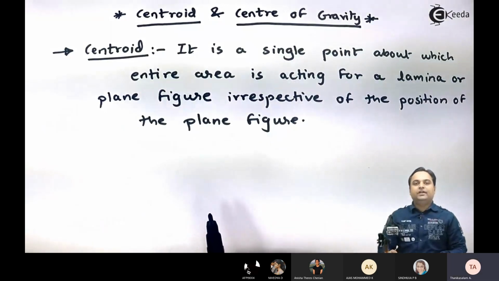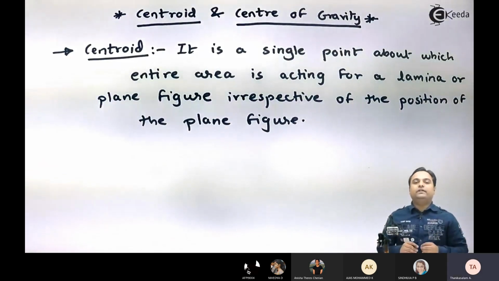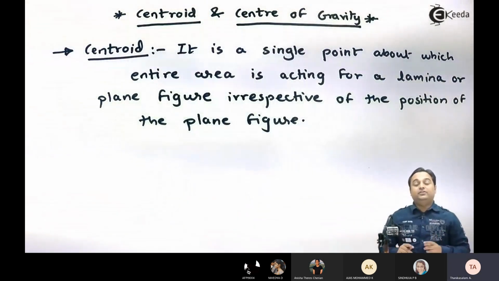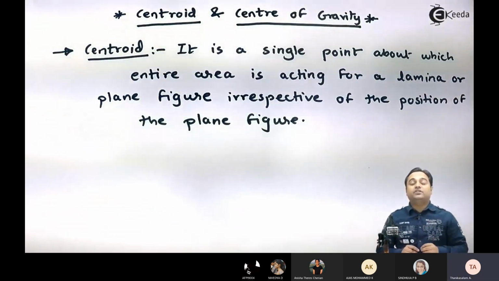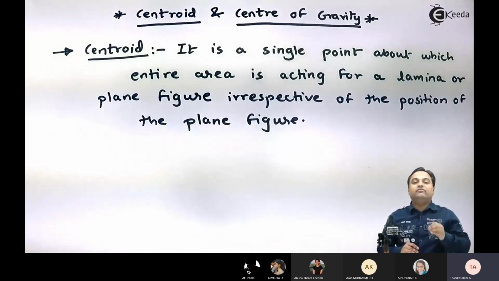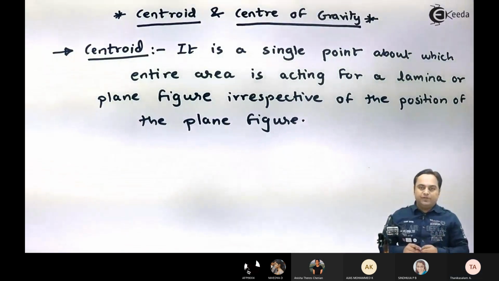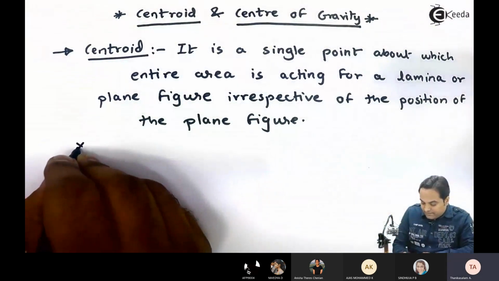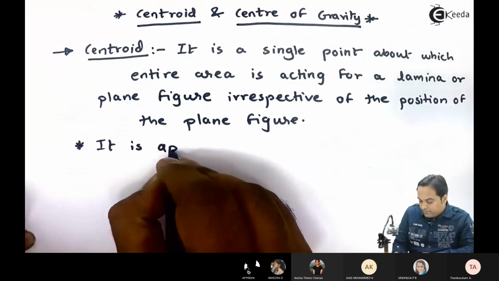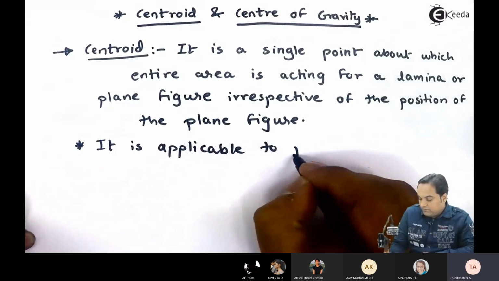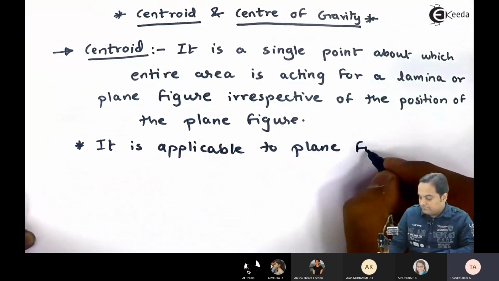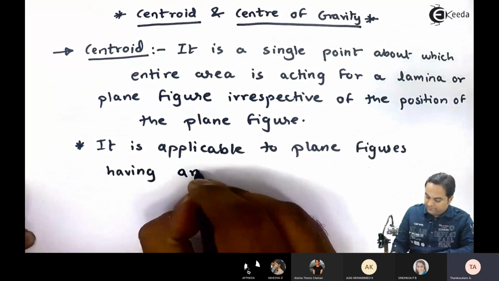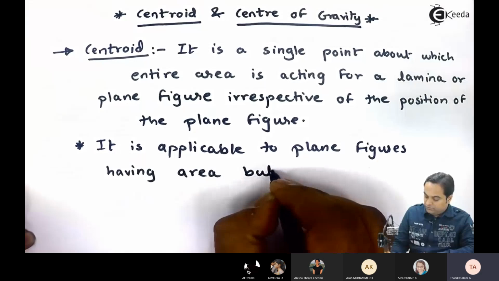So from the definition, it is understood that centroid is applicable only for plane figure. And when I talk about plane figure means only 2D figures, no 3D figures. So here I can see that plane figure having area but no volume.